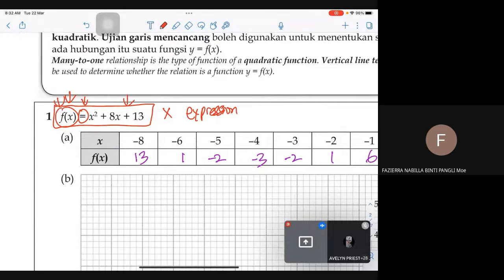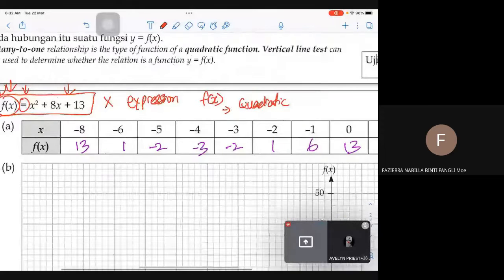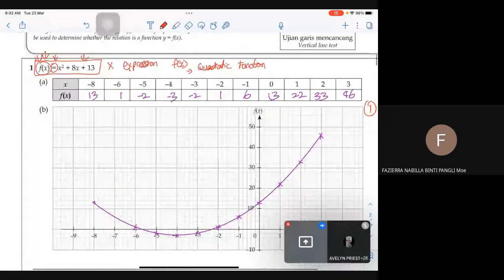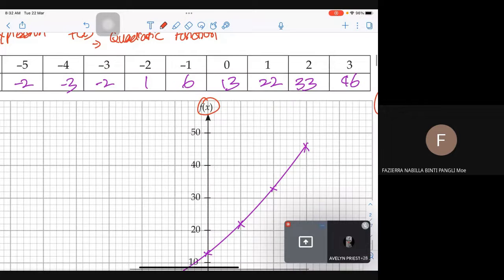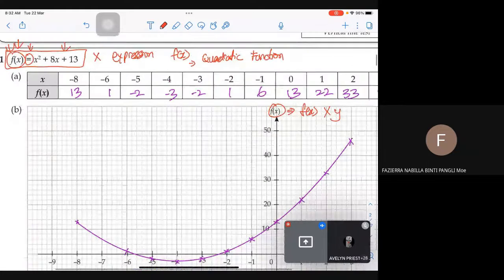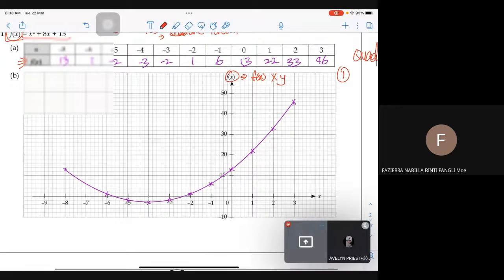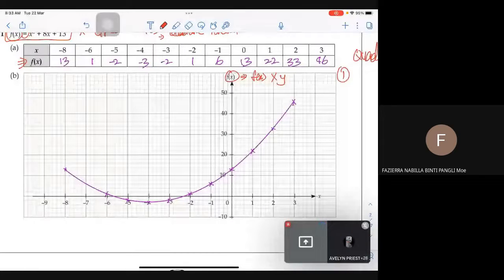So if this one is f(x), this one we call a quadratic function. Quadratic function. So now the y-axis we put as f(x), not y. Why not y? Because you see, here it is f(x), it is not y. That's why the y-axis we have to put as f(x).